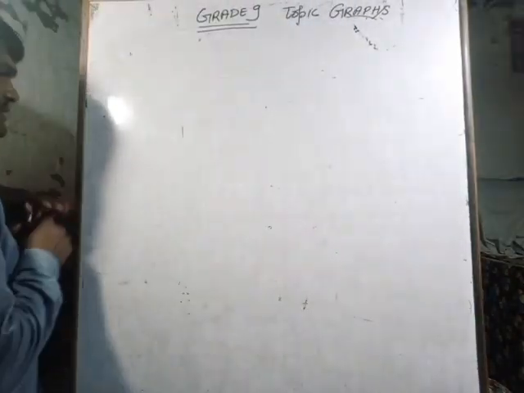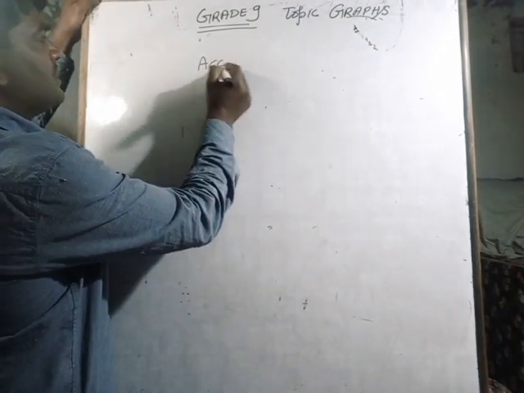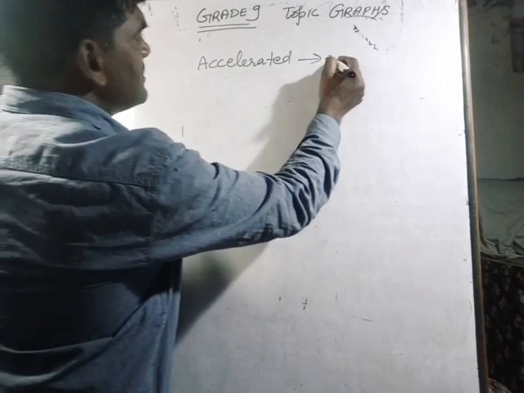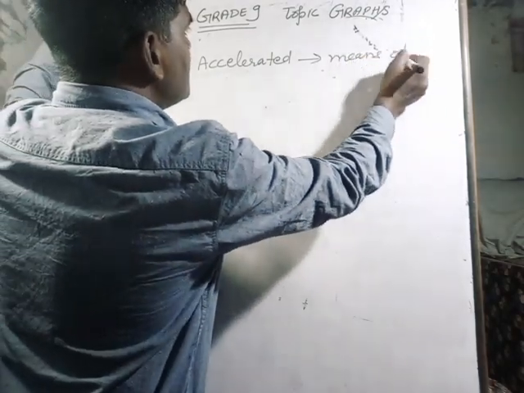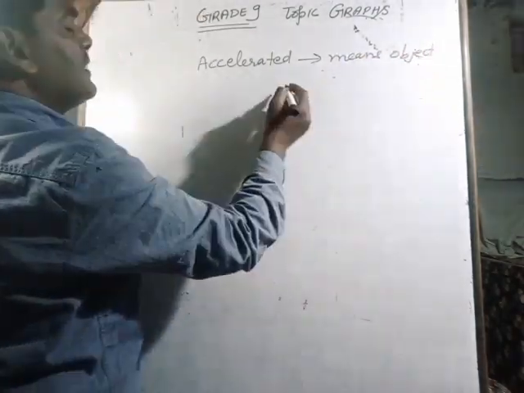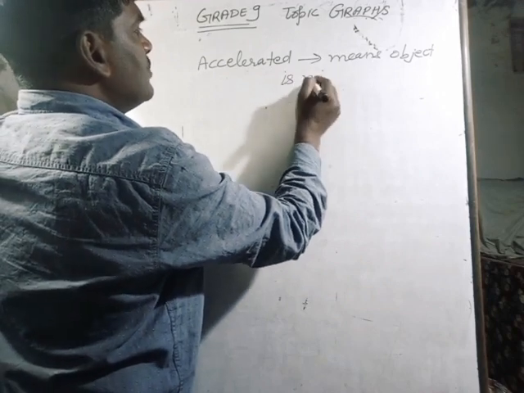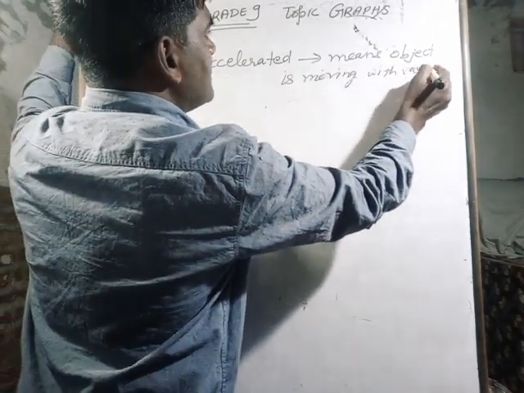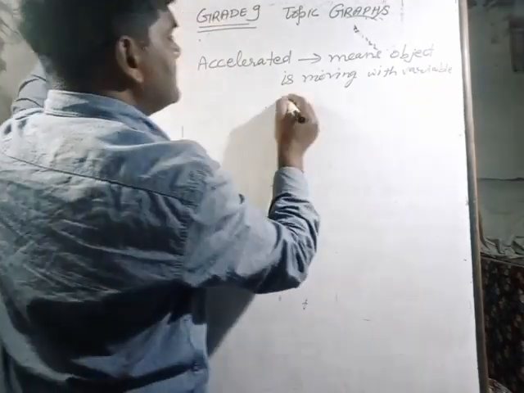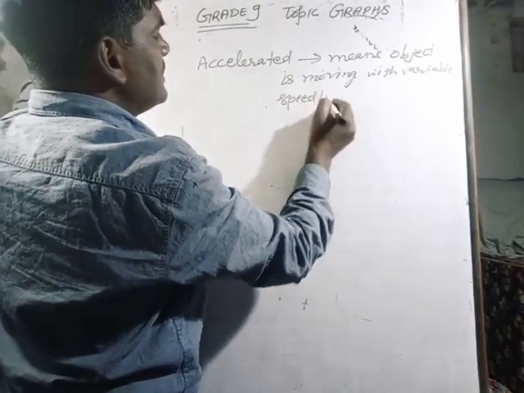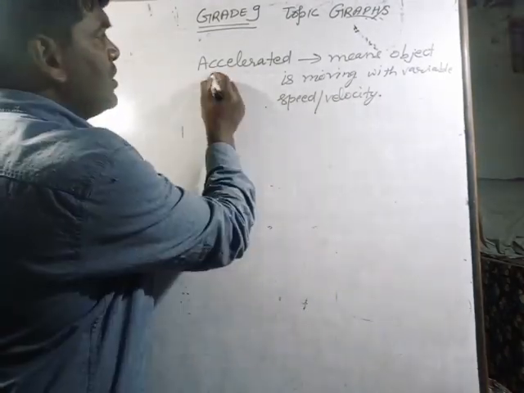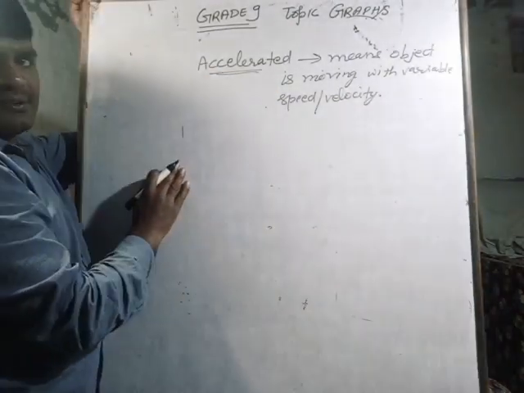When we say motion is accelerated, it means the object is moving with variable speed or velocity. Only then we can say that the object is having accelerated motion.